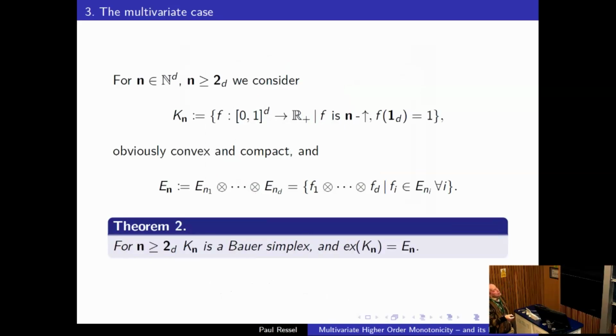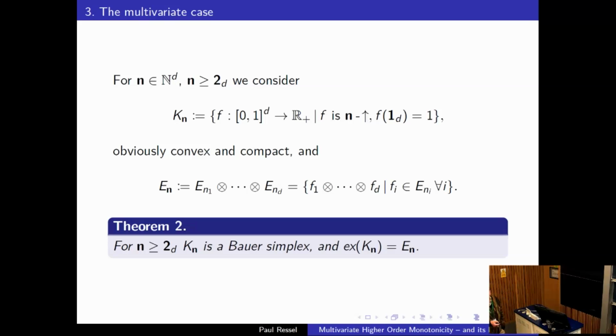In analogy to what we considered before, K_n is the set of all functions on the unit cube, non-negative, n-increasing and normalized to be 1 in the upper corner. Obviously convex and compact. And I define E_n to be the set of tensor products of these extreme points.